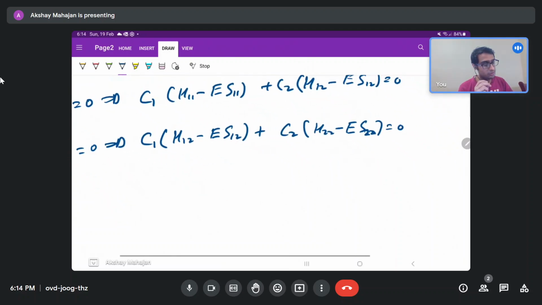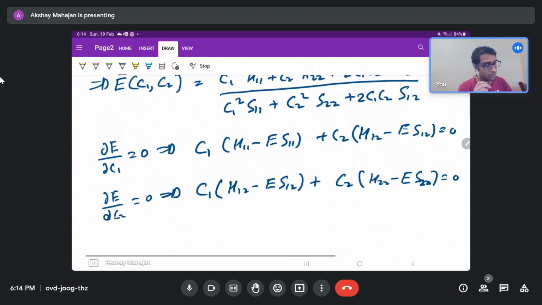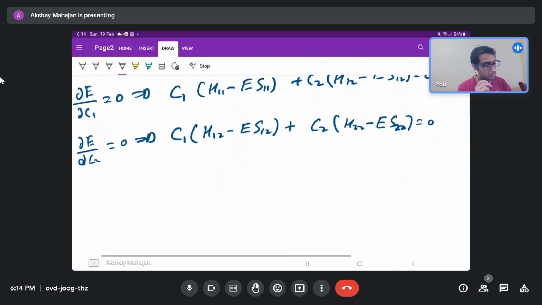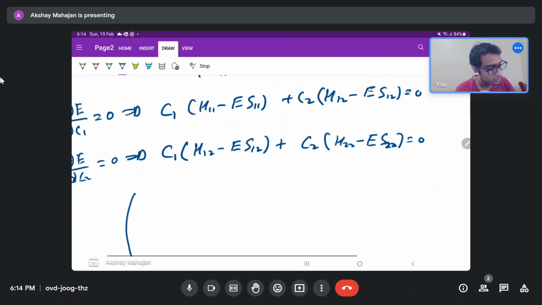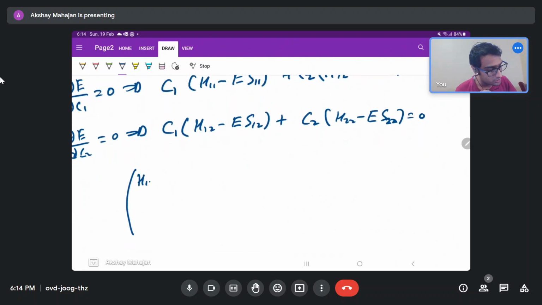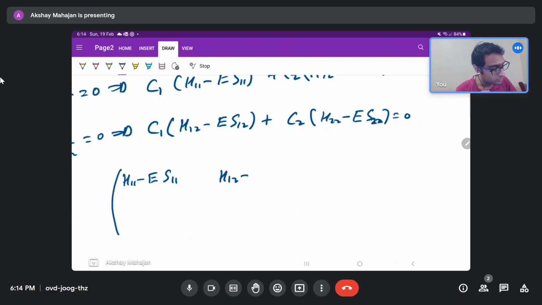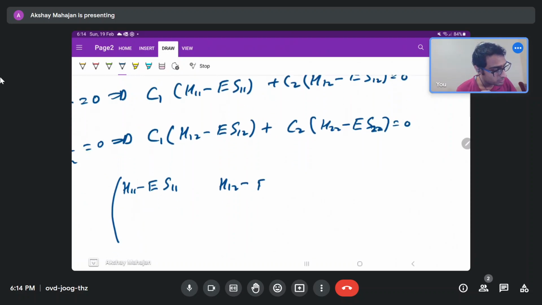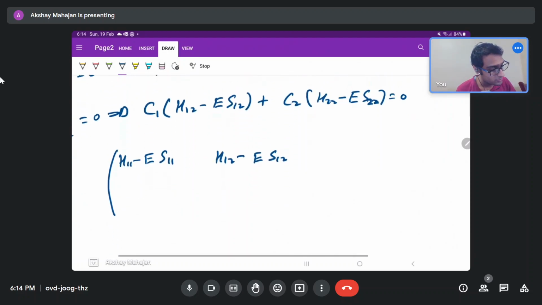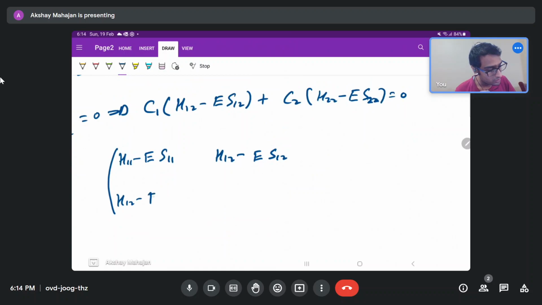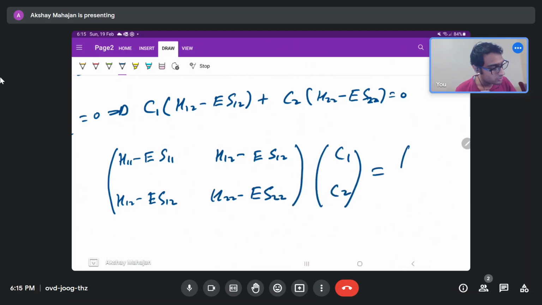So then what we can do is we have two equations, and we can write it in our determinant form. Okay, so you can write this in matrix representation. That is H11 minus E times S11, H12 minus E times S12, H12 minus E times S12, and H22 minus E times S22, times C1 C2, equals to 0.